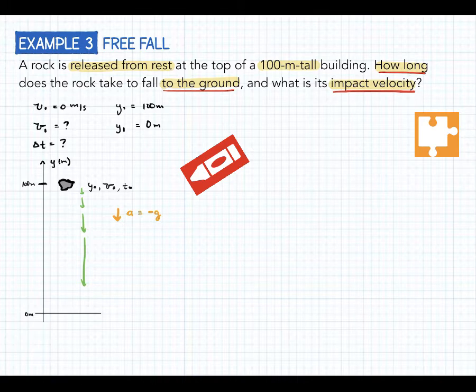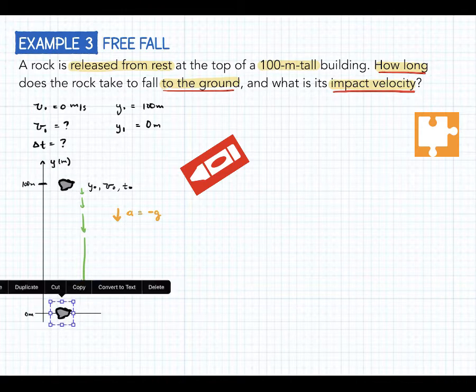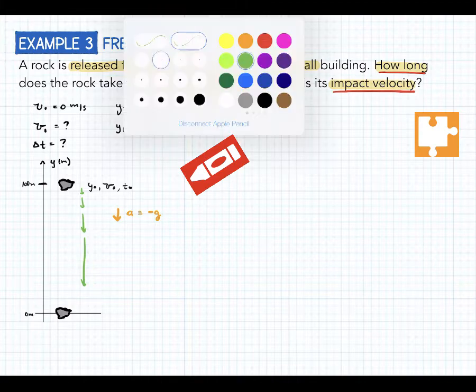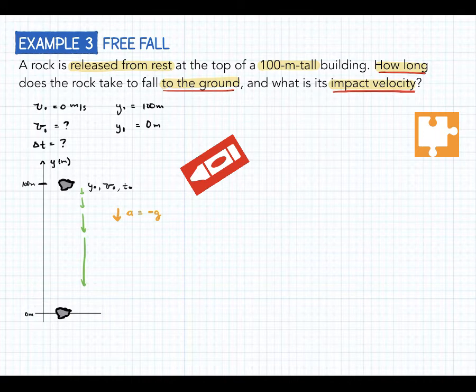And at some later time, this rock ends up down here. There should be a really large velocity down here, but at this later time, we end up with y1, v1, and t1. So those are our points for the rock when it's at this position.